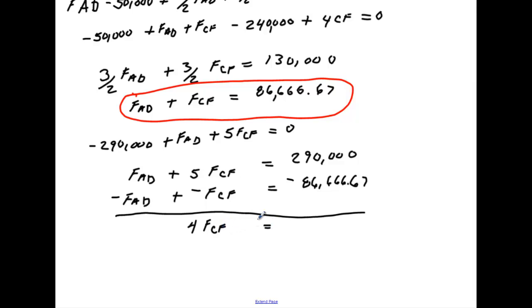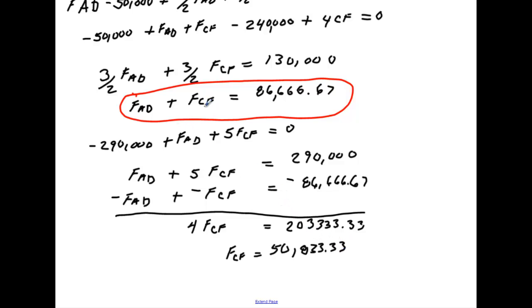Now 290,000 minus that gives me 203,333.33. We'll divide that by 4 and we should have the force in FCF. FCF is equal to 50,833.33.